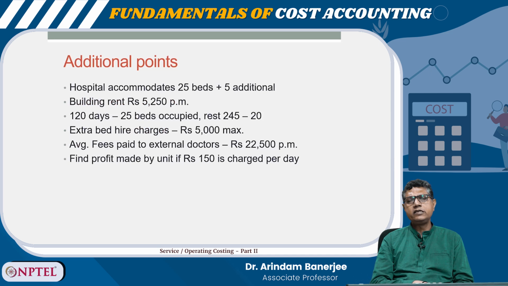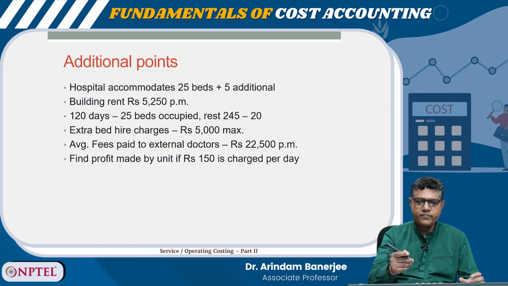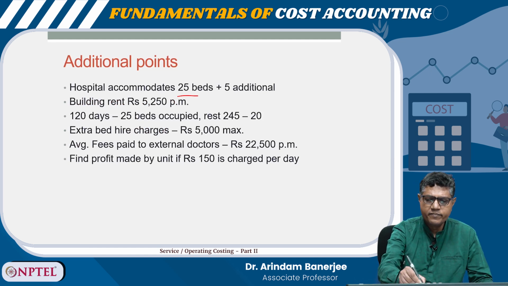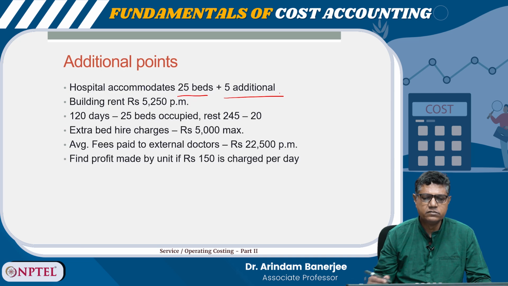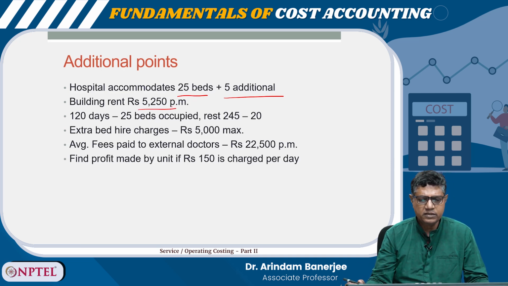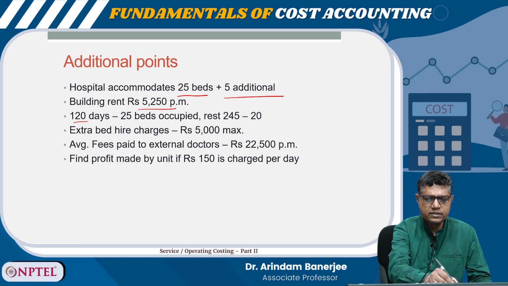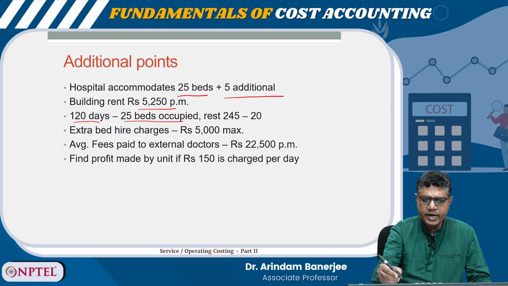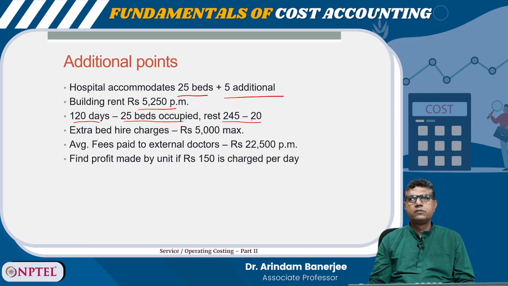There are some additional points. What are those? Hospital accommodates 25 beds plus 5 additional, right. Building rent rupees 5,250 per month. For 120 days, 25 beds occupied, rest 245 days, 20 beds.